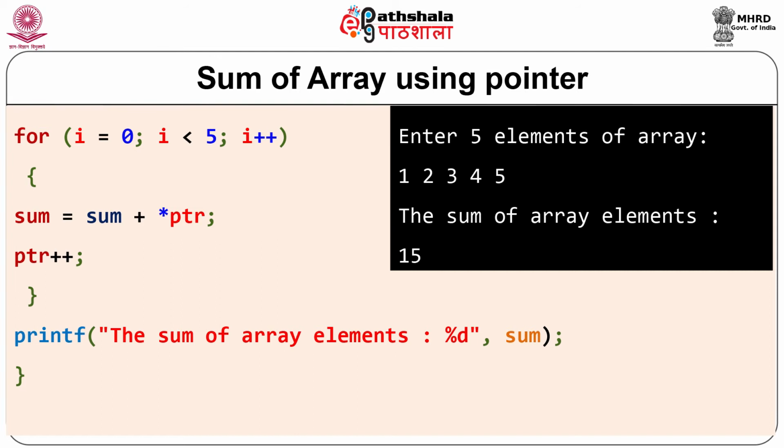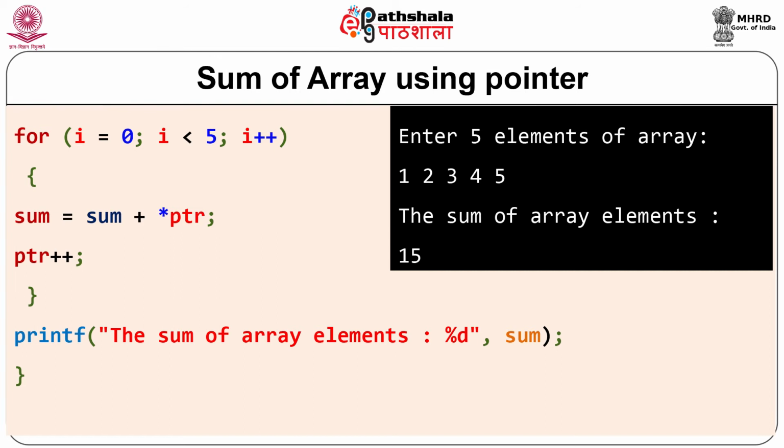So pointer++ means we are incrementing the pointer. In the before statement, sum = sum + *pointer, initially we considered sum is 0 and now that 0 is added with the pointer value, and after addition of sum with pointer we are incrementing the pointer by 1.